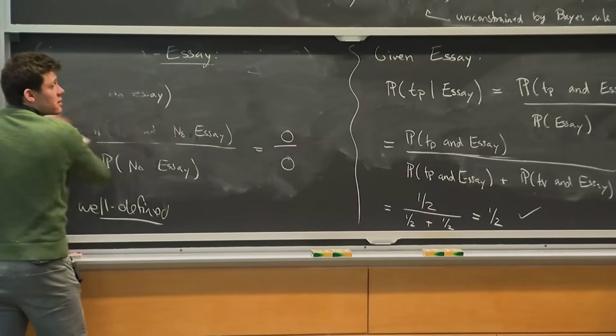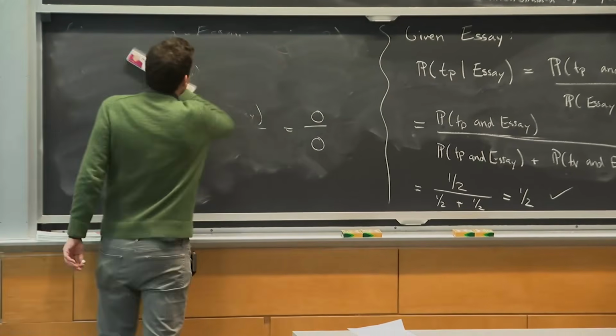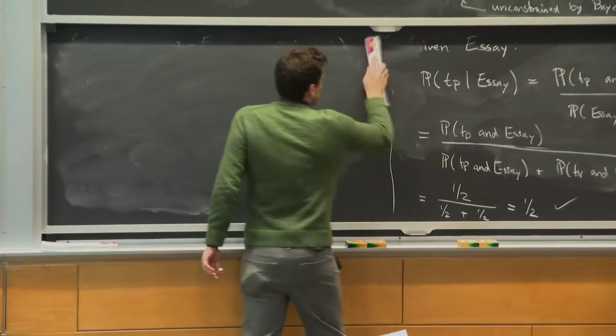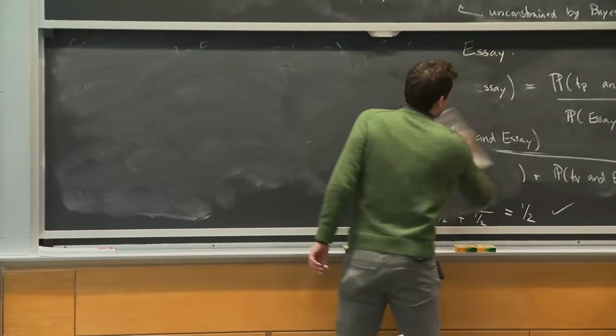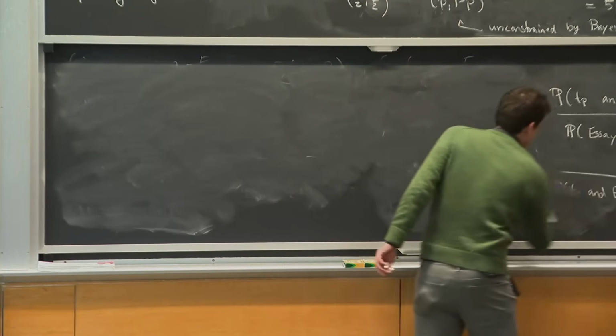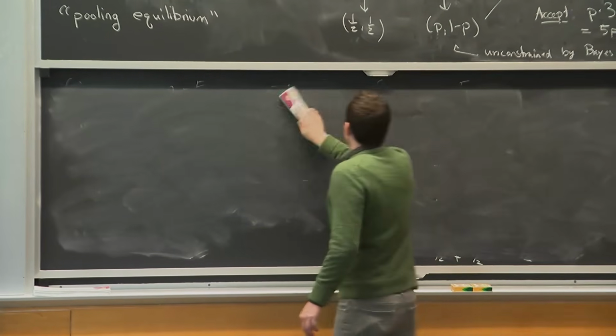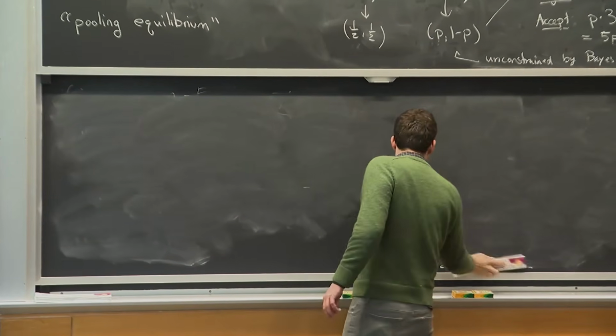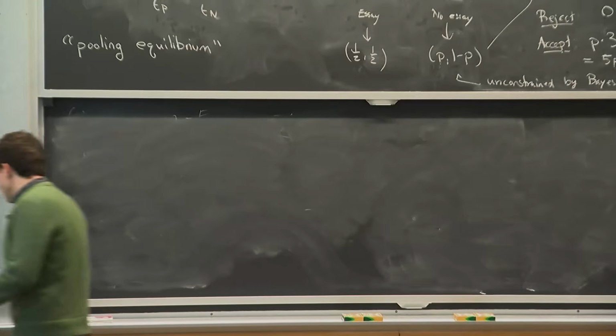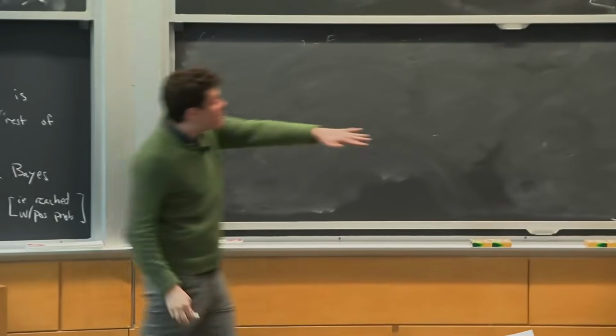Let's go back here. This will be the last thing we do. So earlier, I'd assumed that C, remember C is the cost of submitting an essay, was less than 1.